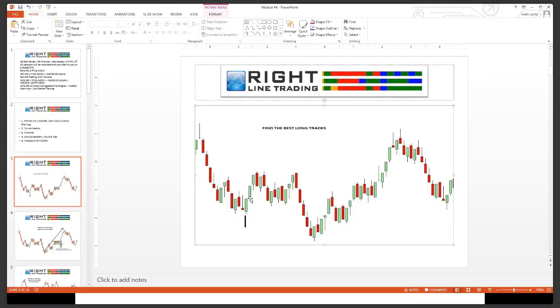Now the earliest the B can come is on a retracement off of the first two greens, because you need two greens in a row to print an A. So the B is going to be your retracement candle. So this is your B candle right here. And here is your continuation.